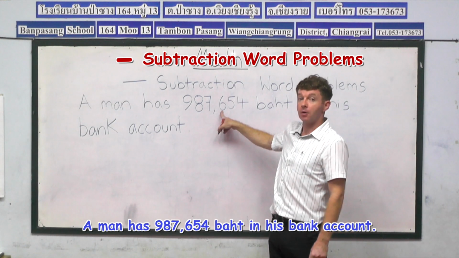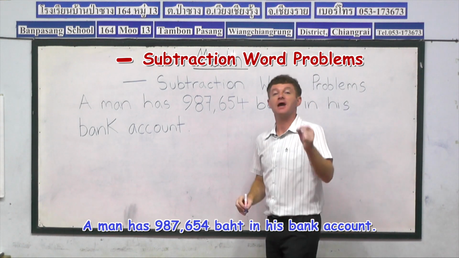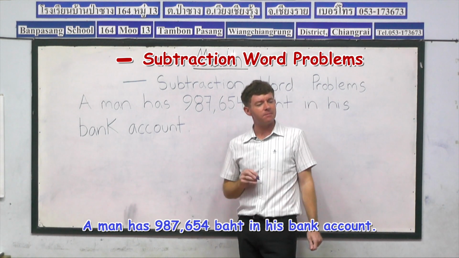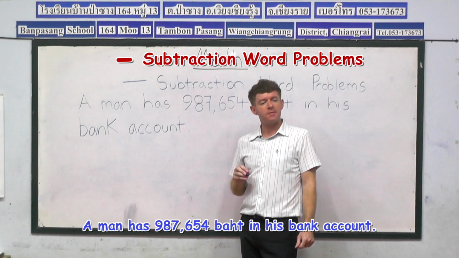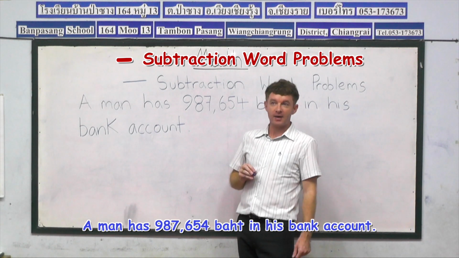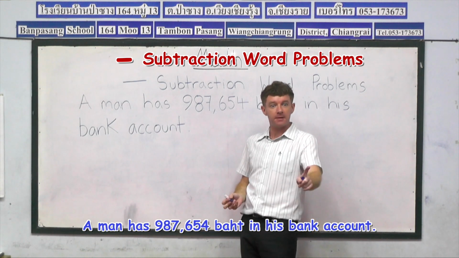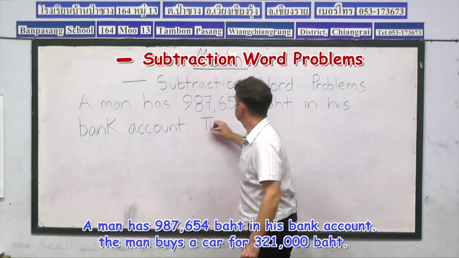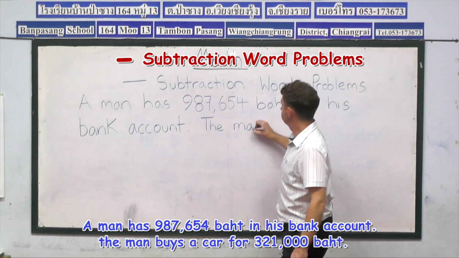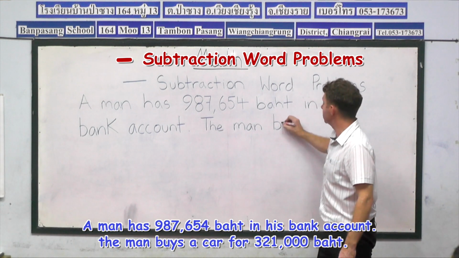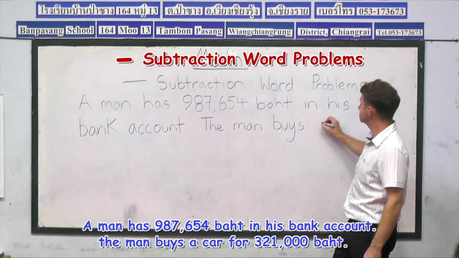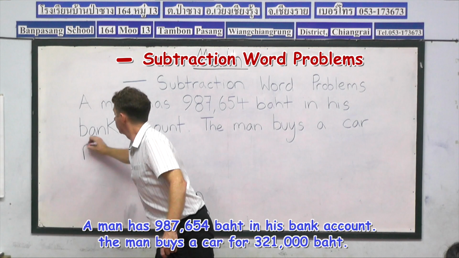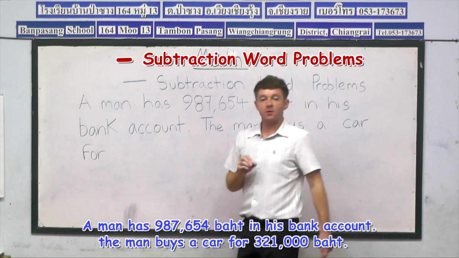So we know what number we're going to begin with, but now we need to find the number that we need to subtract. So the man goes out and buys something. What will the man buy? A TV. Okay, how about something more expensive? How about maybe a car? Okay. The man buys, B-U-Y-S, a car for, okay, so how much is the car?